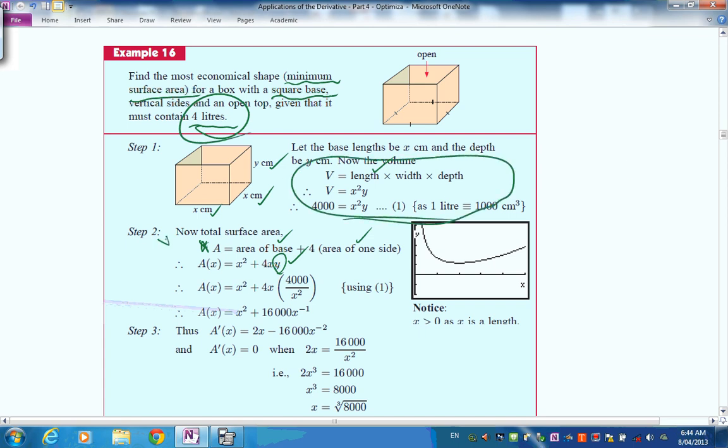I think you should go for the formula, and that's what their steps were earlier, and then when you see that you have a y in there, go back and use that 4,000 cubic centimetres of 4 litres in a length width depth situation to find y in terms of x.